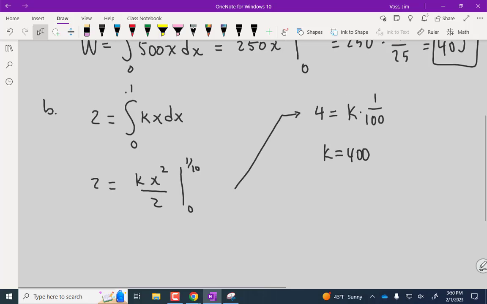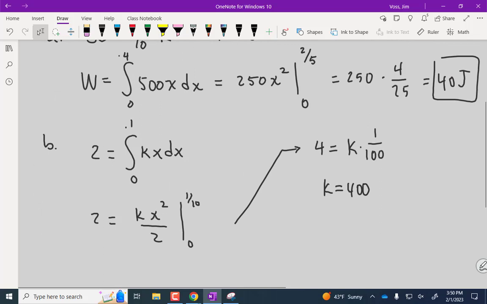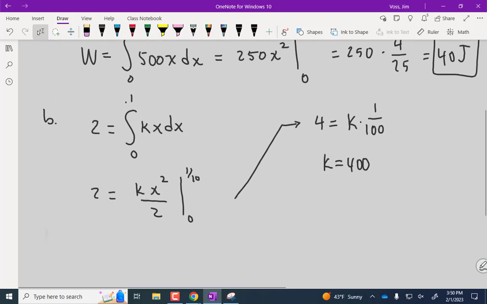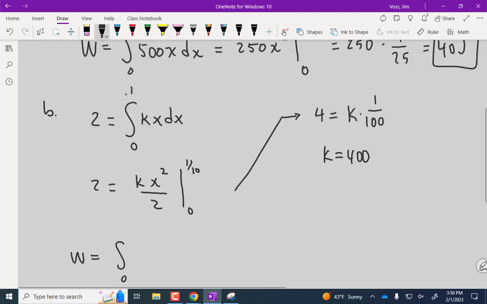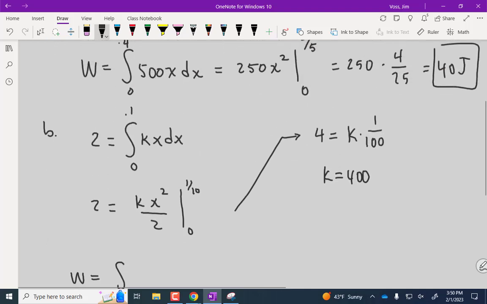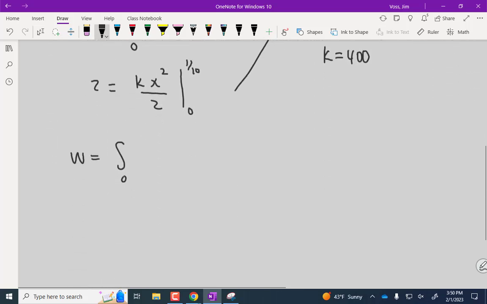Okay, so now we want to do the same thing. We want to find the work done in displacing from 0 to 0.4. Now our k value is 400, so we'll have a forcing function of 400x. Integrate that and calculate the work done.